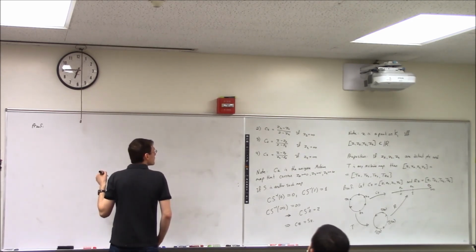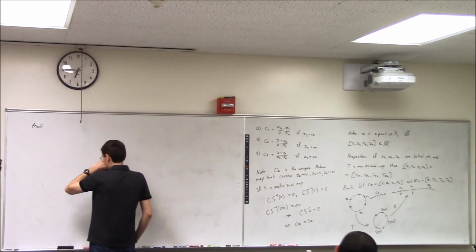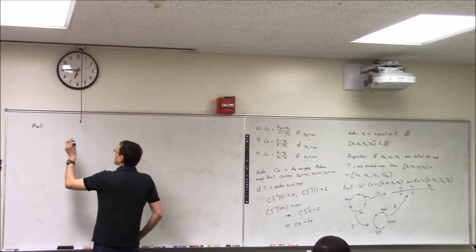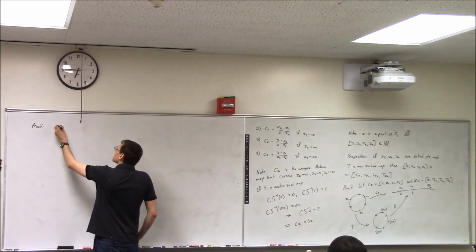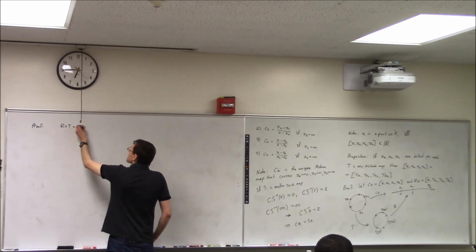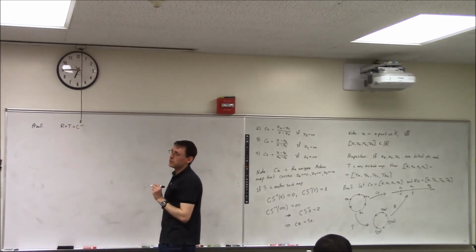So what we do is we look at R composed with T and composed with C inverse. And I want to show what about this map?